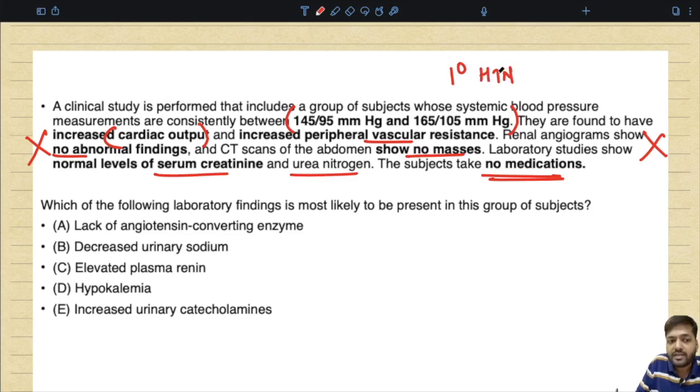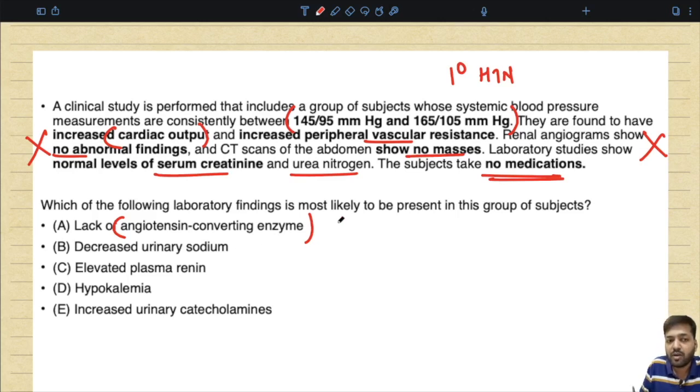Okay. So let us see over here which of the following laboratory findings is most likely to be present in this group of subjects. So lack of ACE enzyme. Okay. No, this cannot be. There is no renal artery stenosis, so this is not relevant over here.